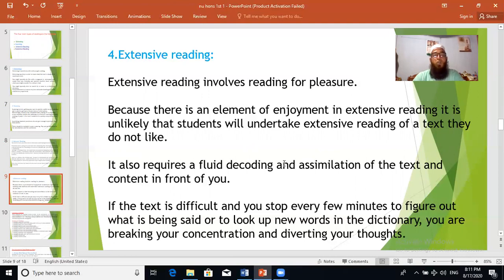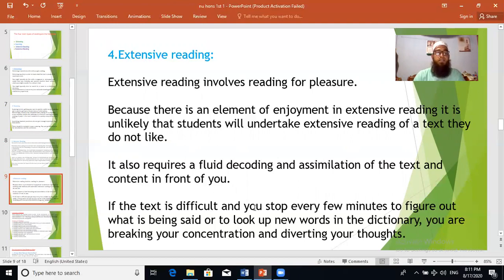If the whole text remains very difficult to you, you cannot understand anything, it seems to be Greek to you, so you will not feel like reading it. The text should be such that you can understand something of it and you enjoy it. Assimilation means you can associate your own ideas with the ideas and knowledge of the text. In that case, you will find interest in reading the text.